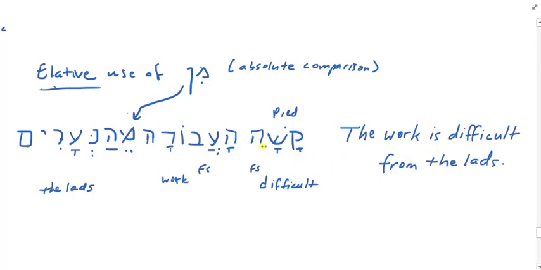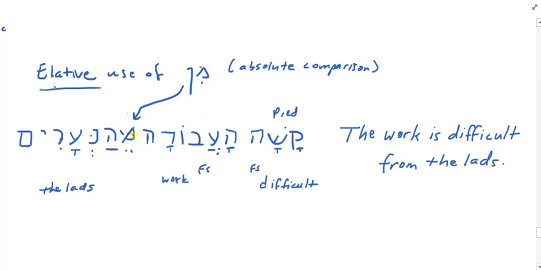I have kasha ha'avodah. This is the adjective difficult. It's feminine singular. It's a predicate adjective because it comes before the noun that it accompanies. So it can't be an attributive adjective. So I need to have a copula here between the adjective and the subject noun. So difficult is ha'avodah, the work, or the work is difficult.